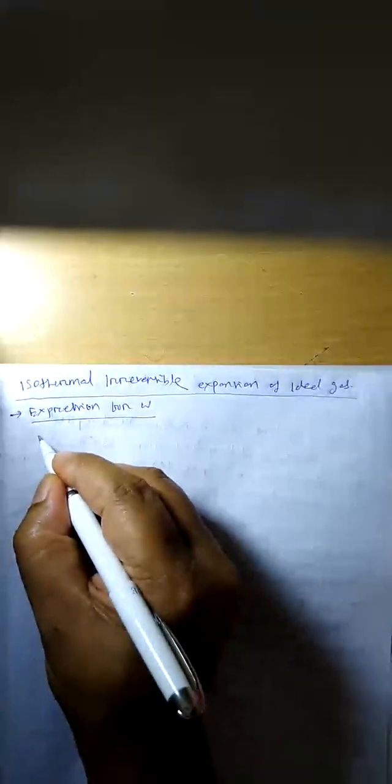Okay. Now we have to see the expression for W, the work done. We know that it is expansion, from low volume to higher volume. That means work done by the system. This is my piston.